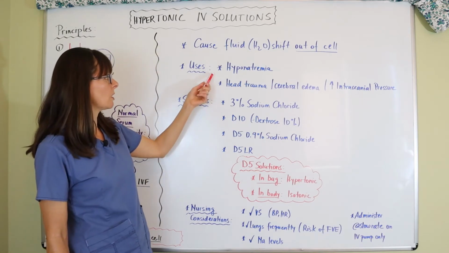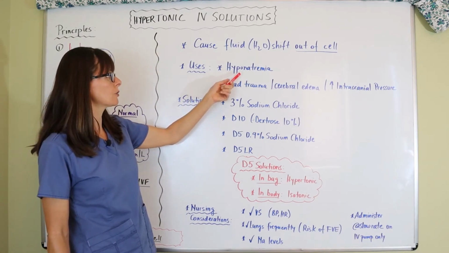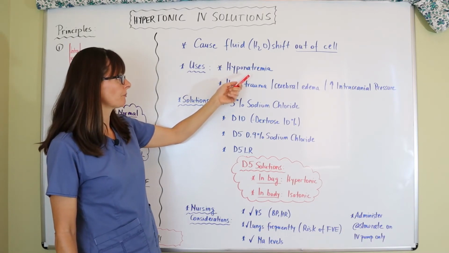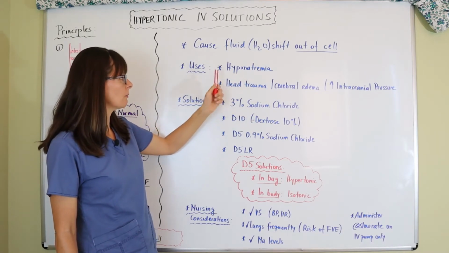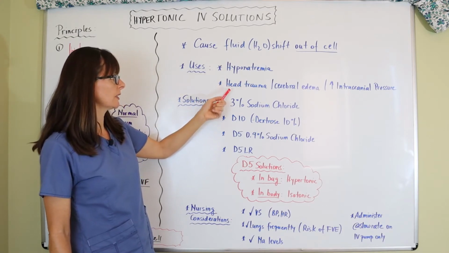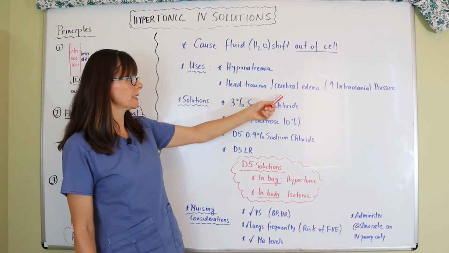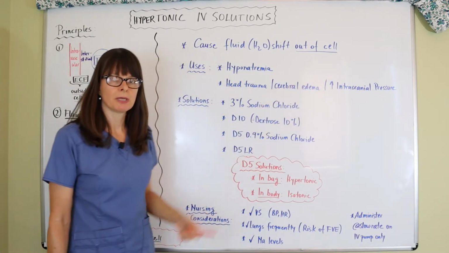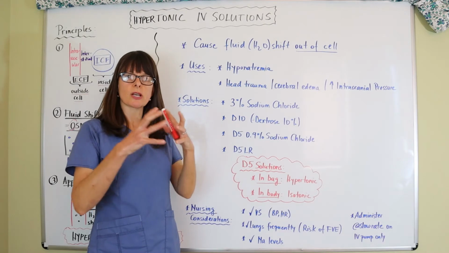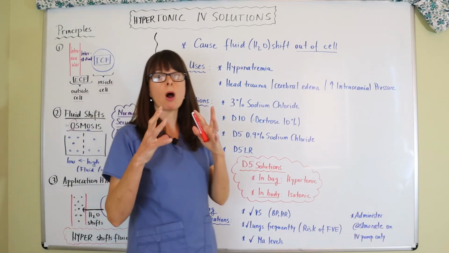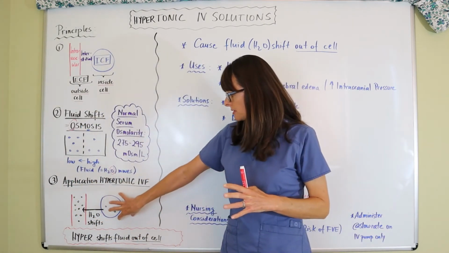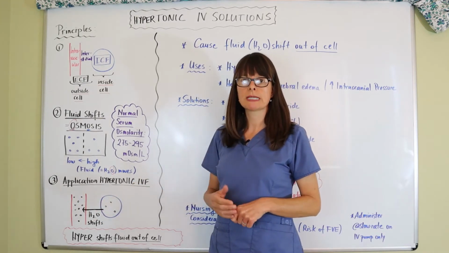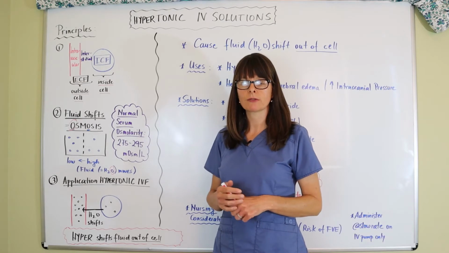The number one cause is hyponatremia, a very low sodium level, and we'll talk about this in a moment. The other use is when there is head trauma or cerebral edema, which equals increased intracranial pressure. When the cells are swollen, there's a lot of edema, a lot of extra water in the cerebral cells that we want to move out, because most likely with cerebral edema, the patient has changes in levels of consciousness.